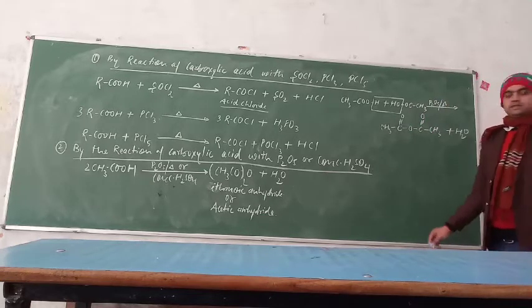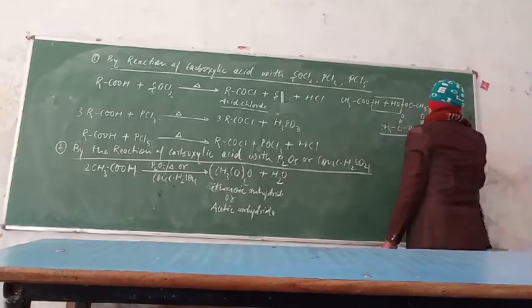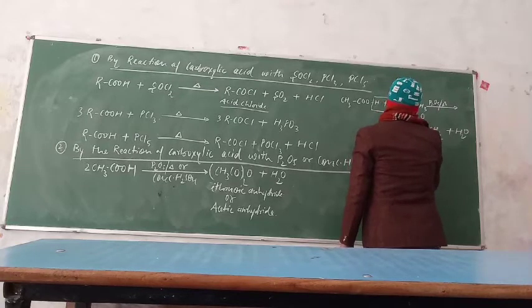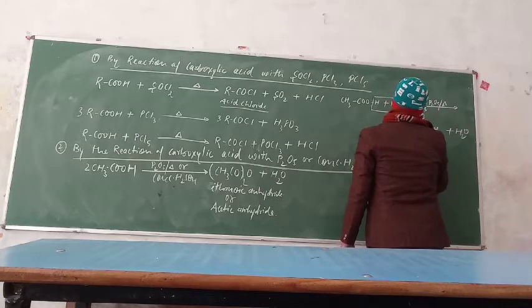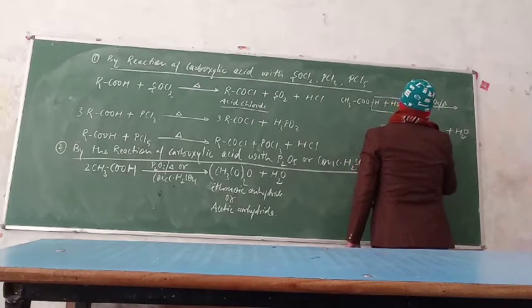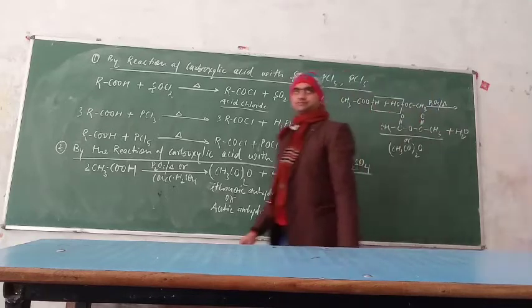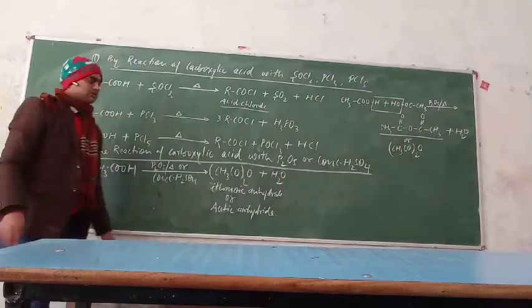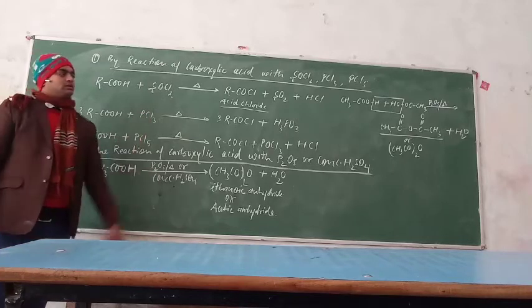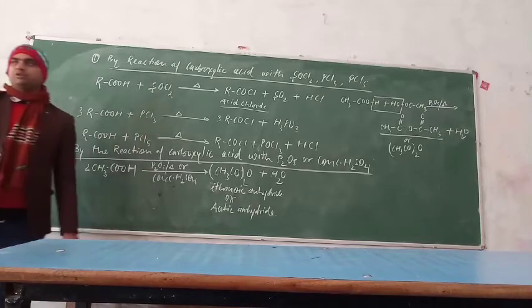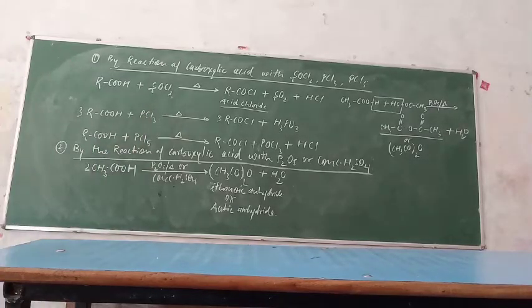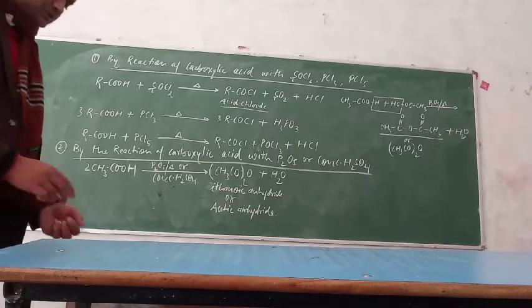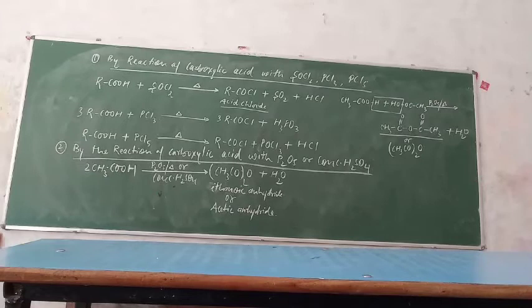Clear? This is the ethanoic anhydride, and this can also be written like this. Clear? So this is the explanation for the complete reaction. Now I will talk about the next reaction.